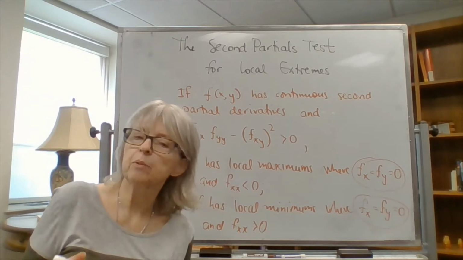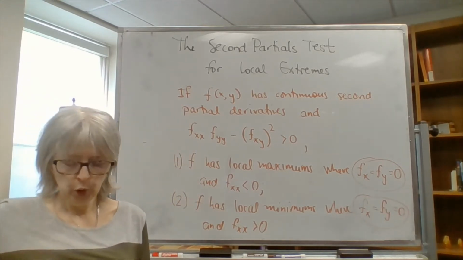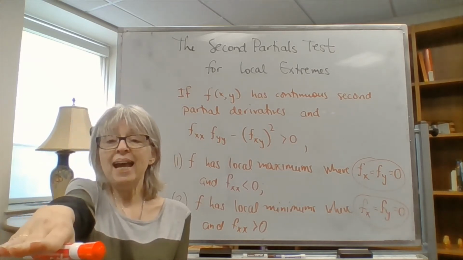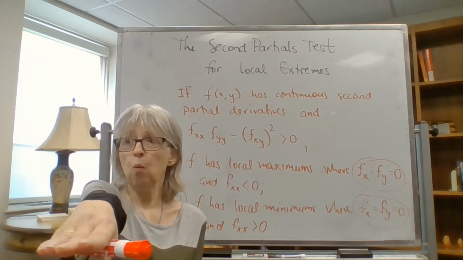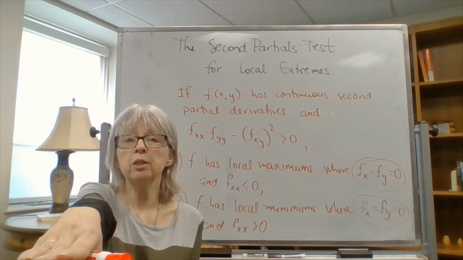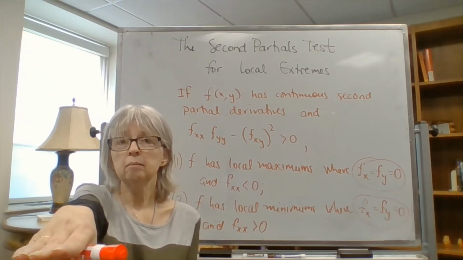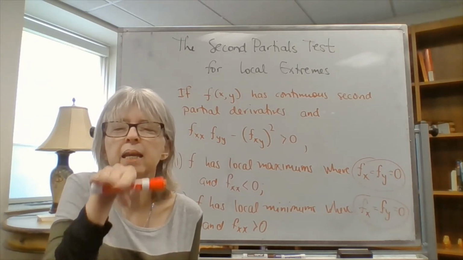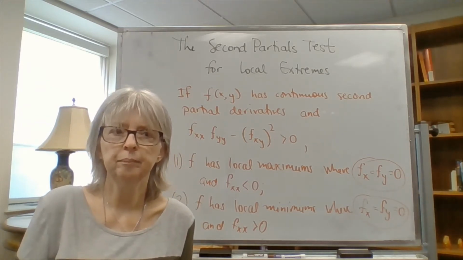It's going to be very similar to what we did in Calc 1. We're going to look at first derivatives. If the derivative with respect to x is 0, that means that if I walk in the x direction, my height doesn't change with tiny little steps. I have a tangent plane in 3D.